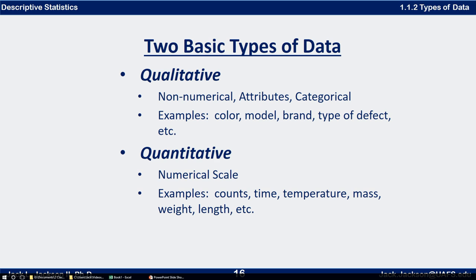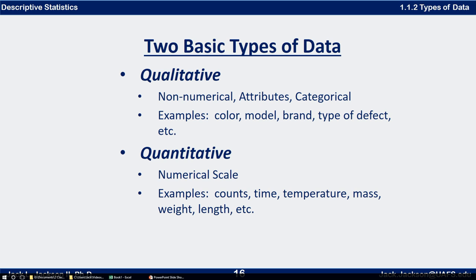You have to be a little careful: if the number serves as a label only and doesn't have any real meaning, then it's still qualitative data. Examples of qualitative data would be color, a model of something, a brand, a type of defect, etc.